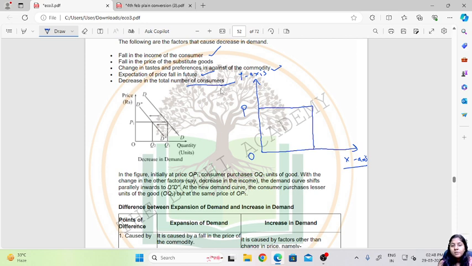So this is Q1. Now what is happening, let's say due to the fall in income of the consumer, there is a decrease in demand. So since there is a decrease in demand, earlier this was our original demand curve, DD. So now a new demand curve will be formed as D1 D1. So here Q2.